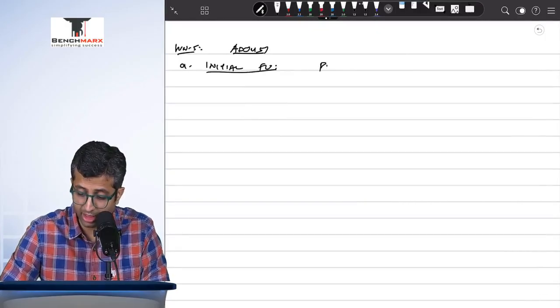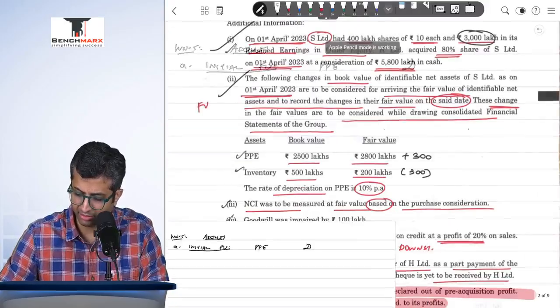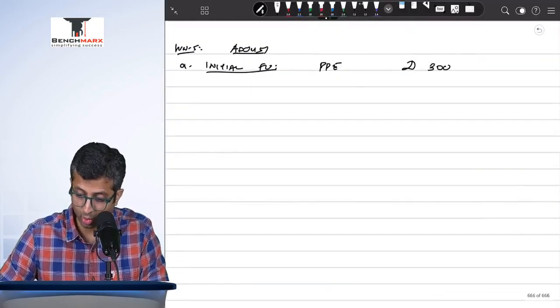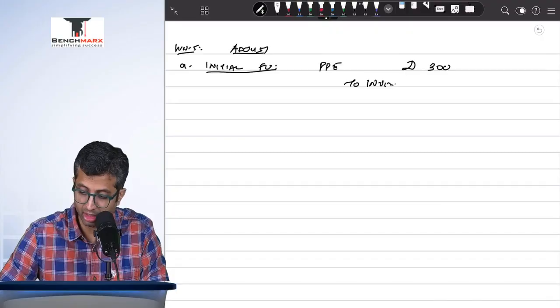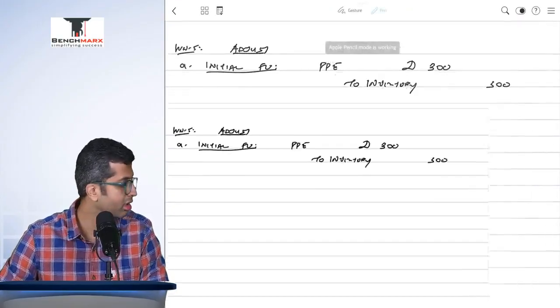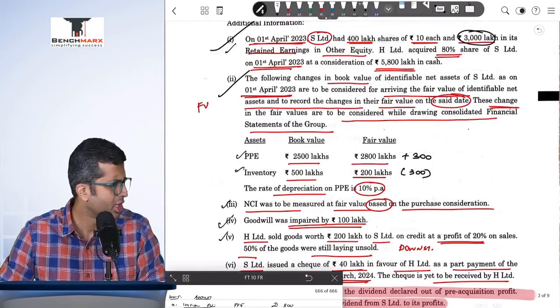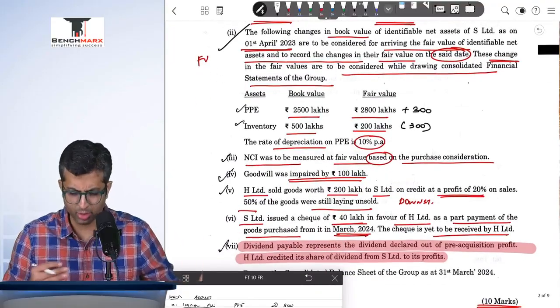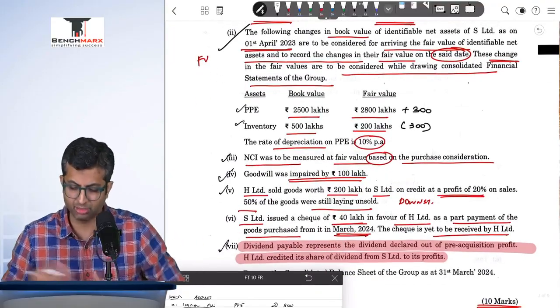Maybe I will debit the PP by the difference between 2,500 and 2,800, that is 300. But inventory is going down, so I will credit the inventory by 300. What do you guys think? Will there be any balancing figure to be taken to the pre-acquisition P&L? No. If there was a balancing figure, I would have taken it to the pre-acquisition P&L, but this is nullifying.